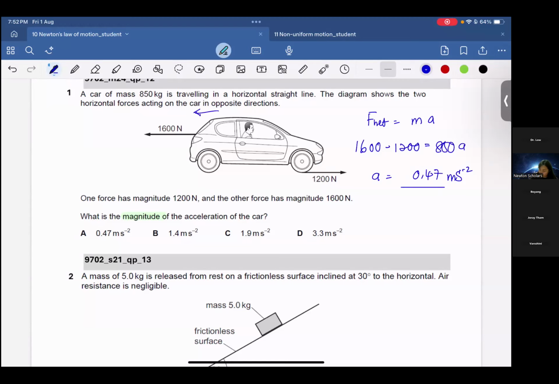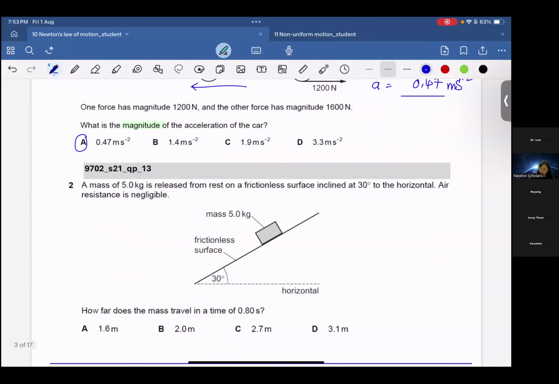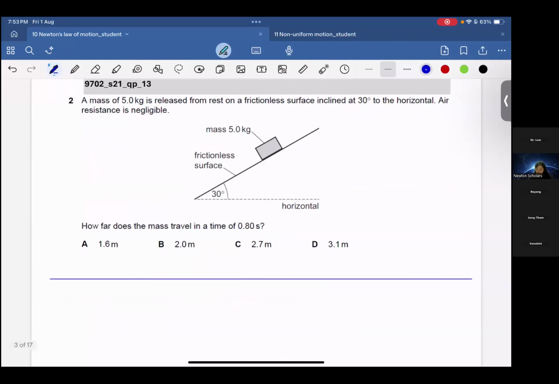The direction for the acceleration is here, the resultant force also here. But this a is actually slowing down, deceleration. If we really write it down, it should be negative. But the question just wants us to write the magnitude, so we just give the magnitude. Answer is A.